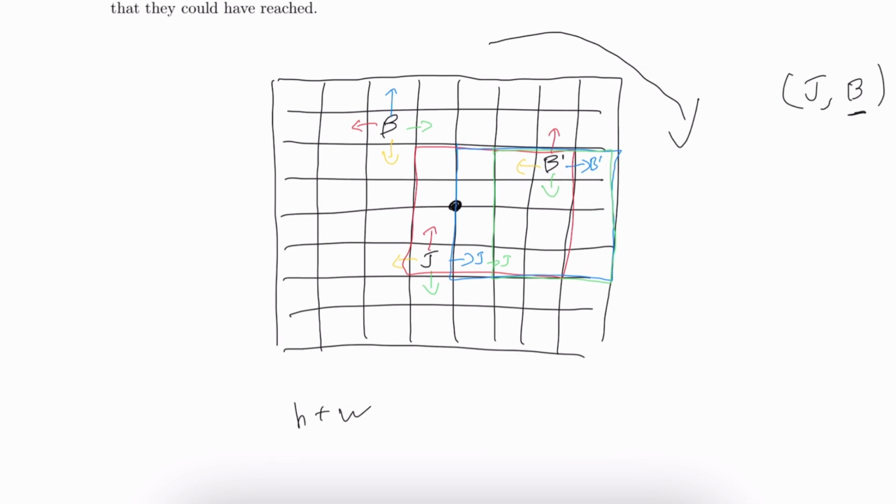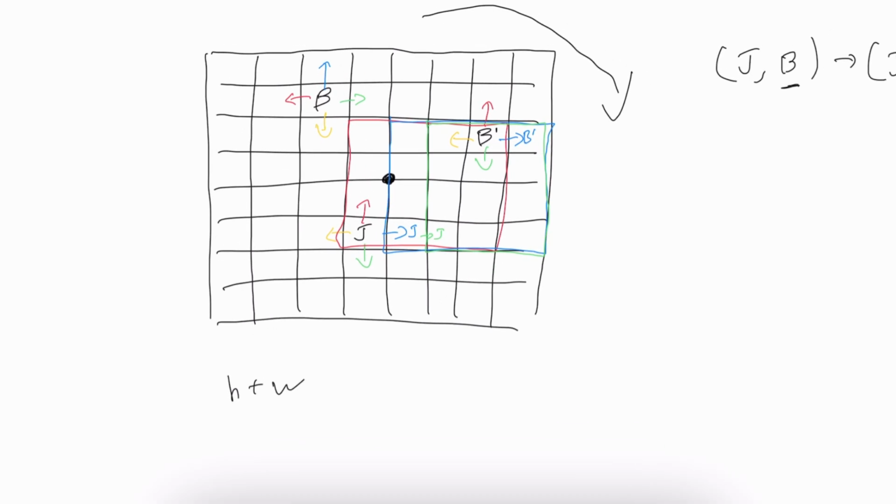Because every time we move the box, if both positions are able to move, then the entire box just shifts, so this quantity stays the same. And then if it's on the edge, then one of these quantities would decrease, so their sum also decreases by 1. And so this quantity is non-increasing.